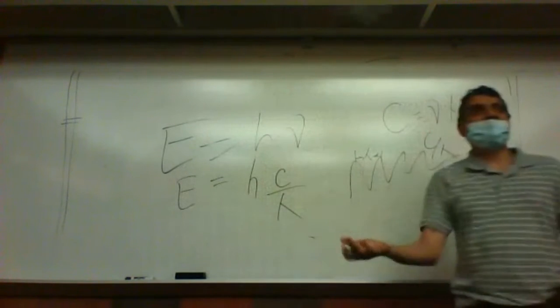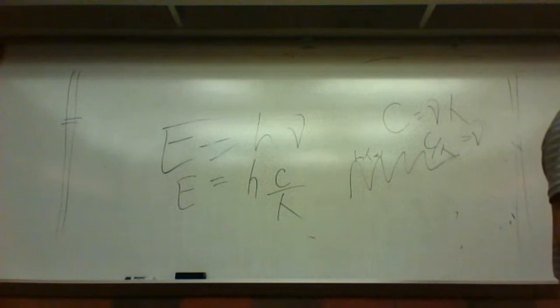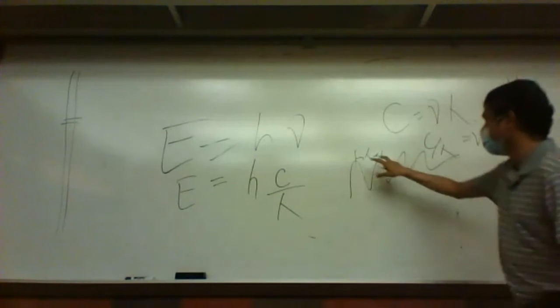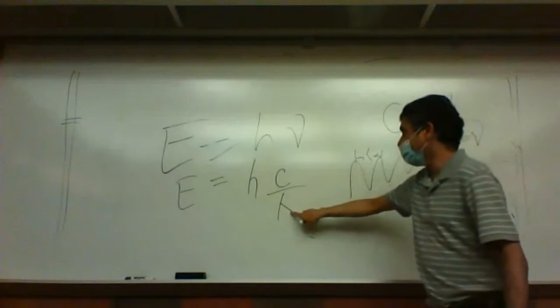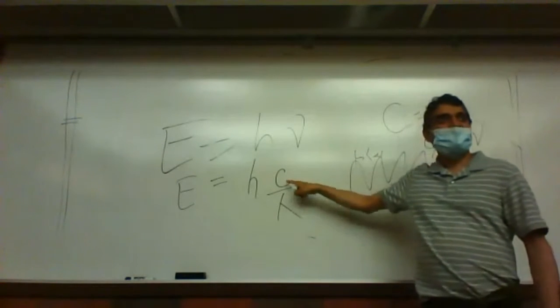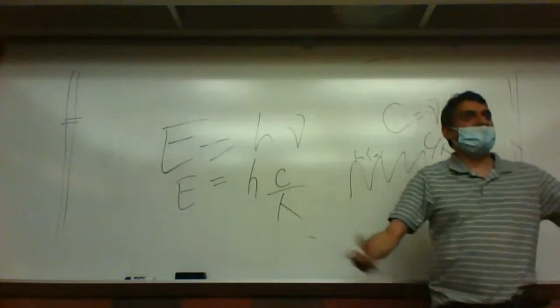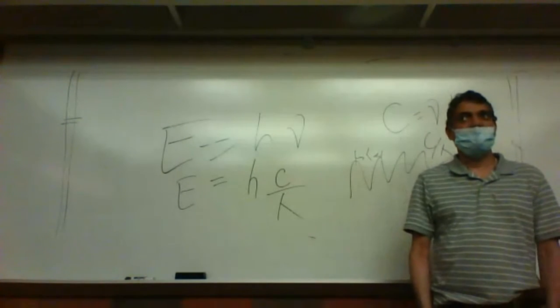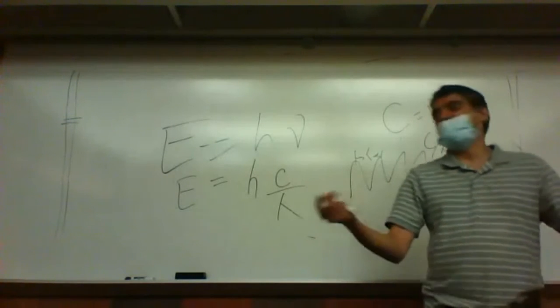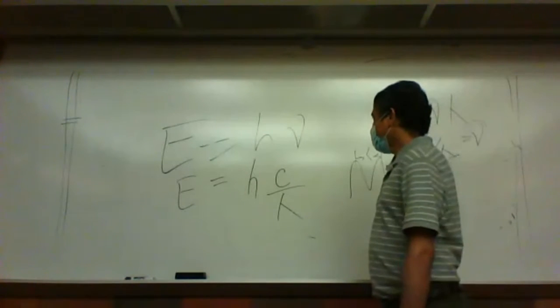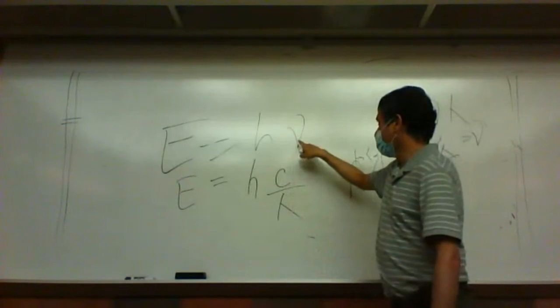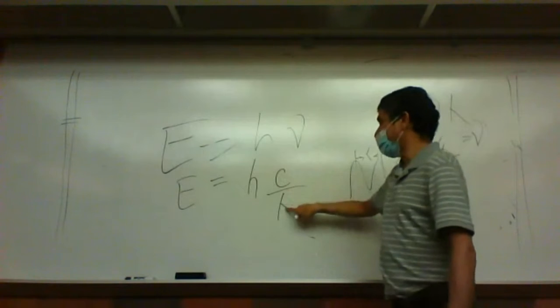Now you don't need to know the frequency of the light to calculate the energy, right? You just need to know how many nanometers or meters the wavelength is, put that number here. And what is the value of c? 3 multiplied by 10 to the power 8 meters per second always, right? That's a constant number. If there is a frequency, you can directly multiply h with nu, then you get the energy. And if there is a wavelength, you just write nu as c by lambda.